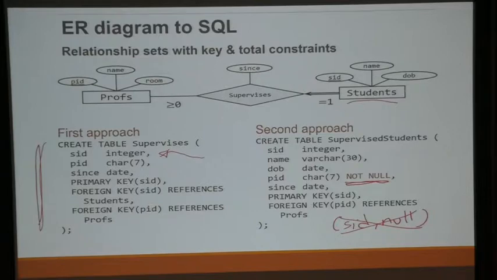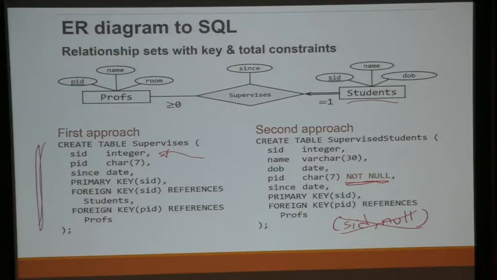You can have that table empty. If you have never inserted anything, you can have that table empty. So if you want to use this approach, the first approach, then you need to control the total constraint in another way.